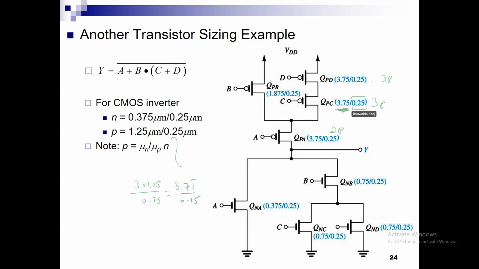You keep L the same, and you multiply the width by the factor that you want. And this one for the P will be 1.5 times 1.25 over 0.25 because we size it as 1.5, if I take this path. Clear? Anybody has any questions?